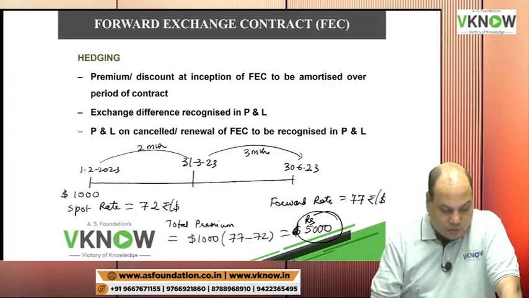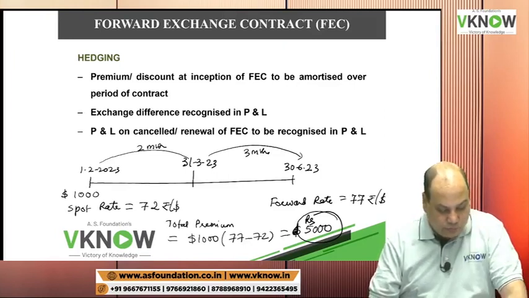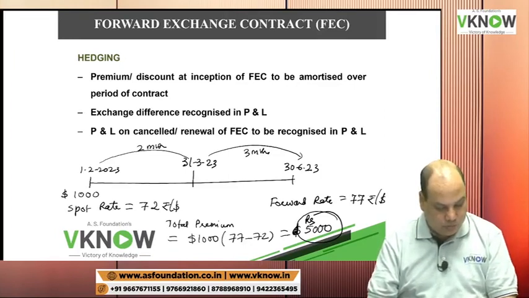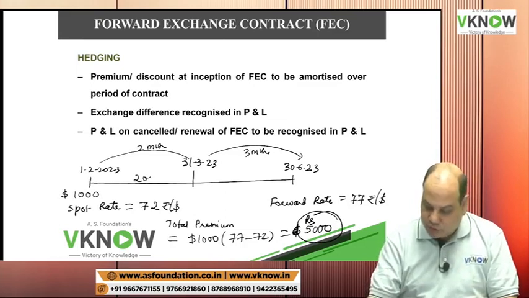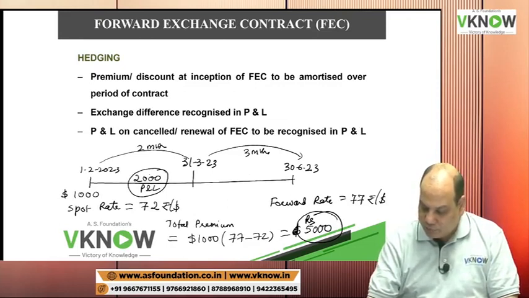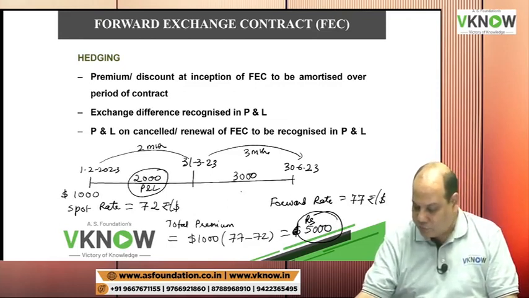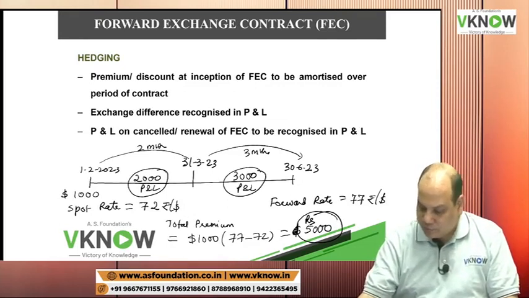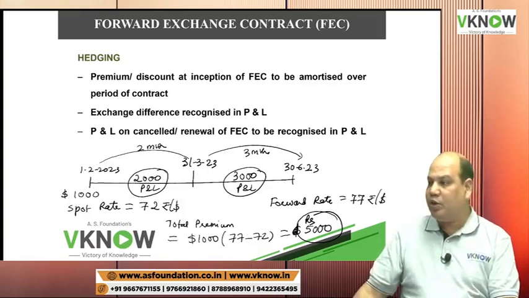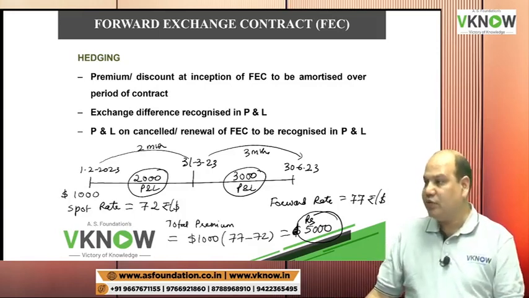So 2,000 rupees we will recognize in P&L account in first year, and 3,000 rupees we will recognize in P&L account in the second year.